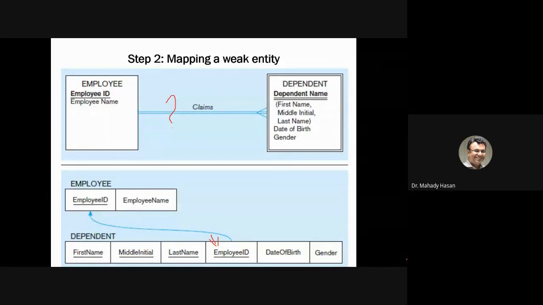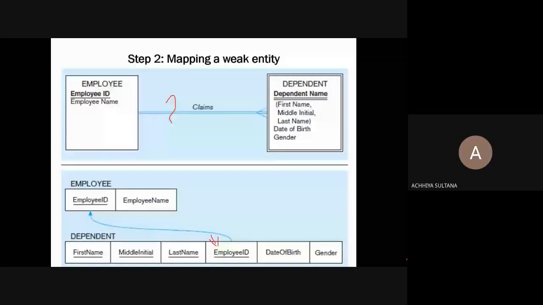Okay, so here the formula is, if you need to define a weak entity, you have to get the primary key from its parent, or from the one it depends on. So dependent is depending on whom in this case? Employee.